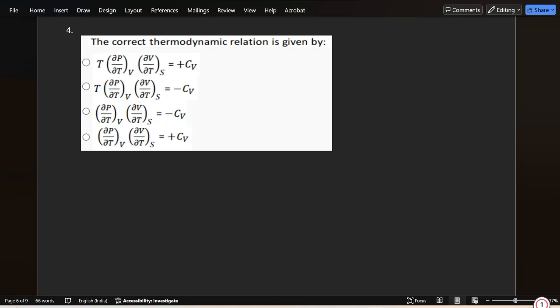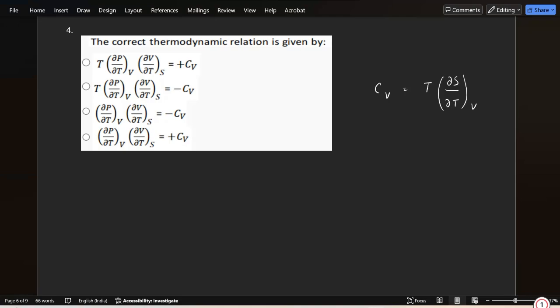We want CV. Again, I'll remind you, CV is equal to T del S by del T at constant volume. So we need to get this del S by del T into some of these equations.